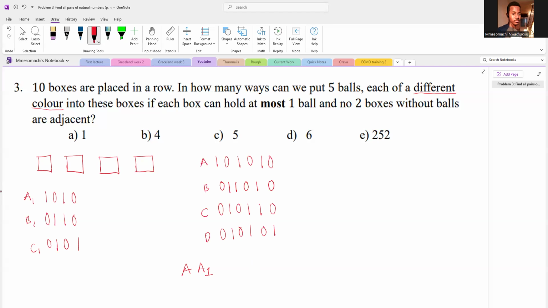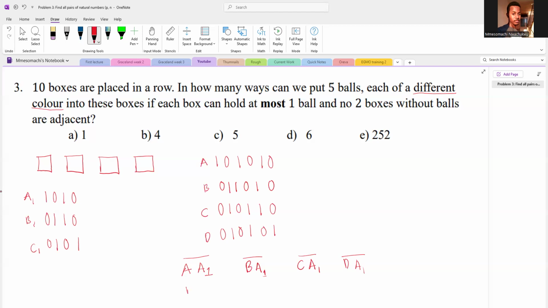So now we can look at B. We can have BA1, so these are now pairing. We can have CA1, it's not pairing, and DA1, these are not pairing. So these are the ones that end with A1. What else can we look at?